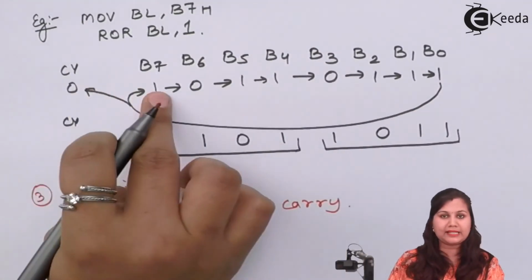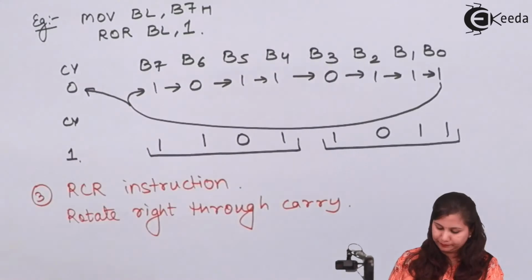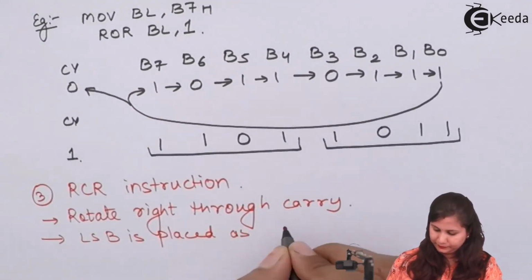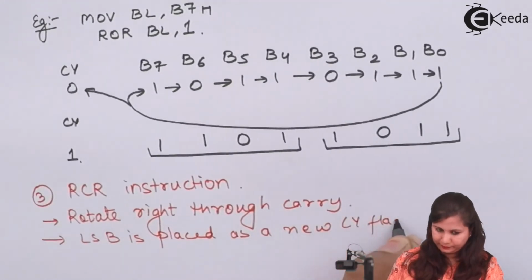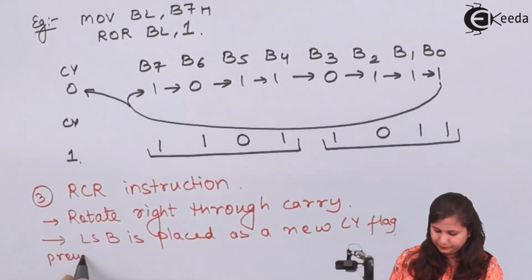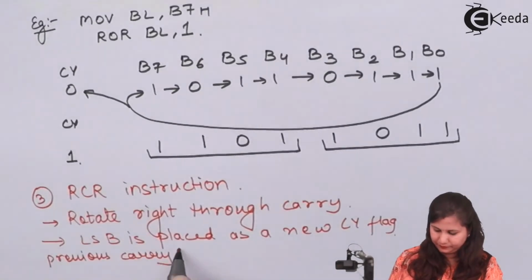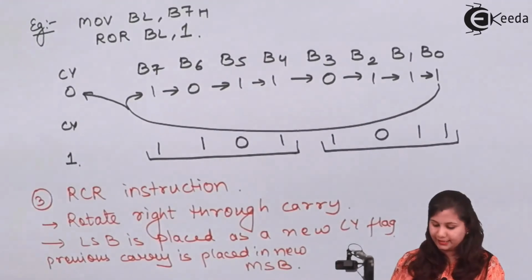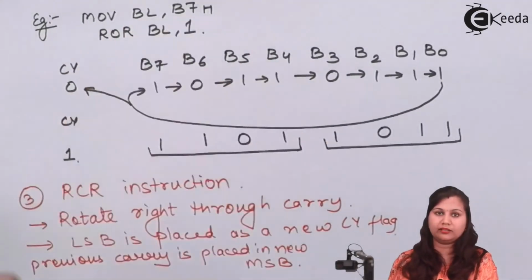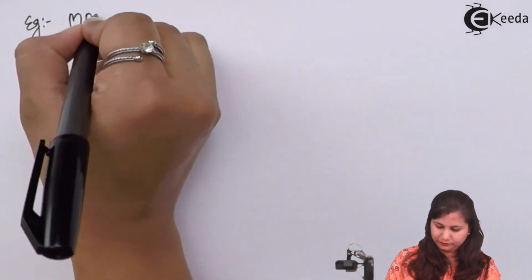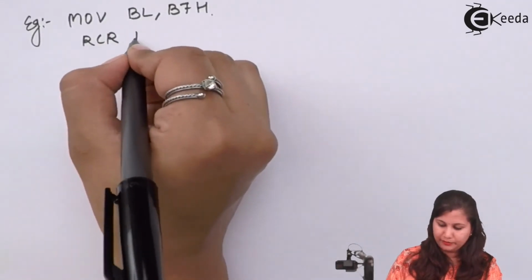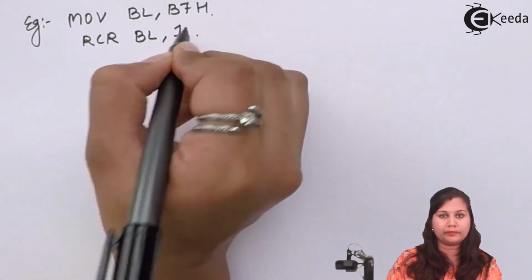Carry flag will be placed at the MSB. Here MOV BL, B7H. RCR BL, one position.